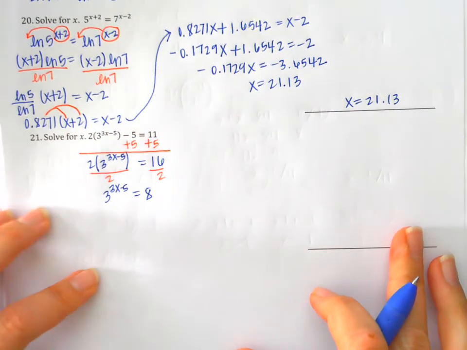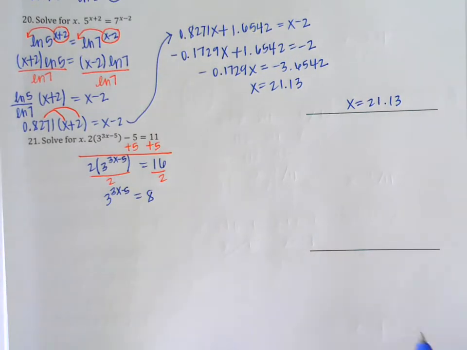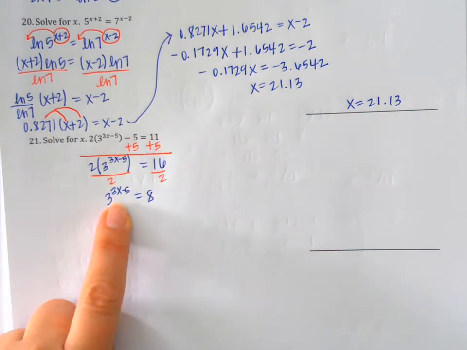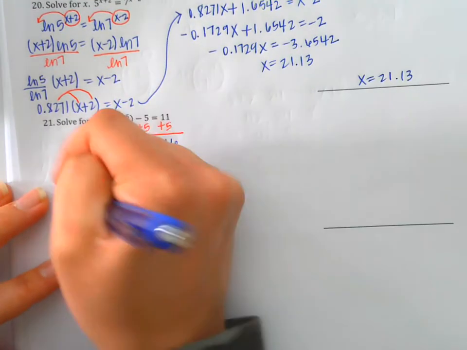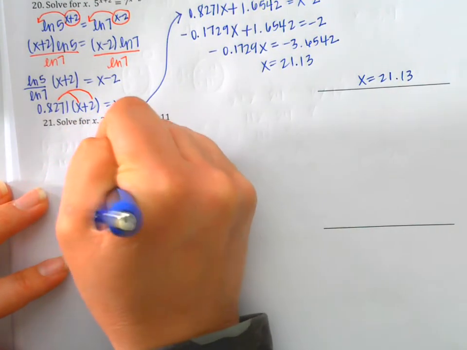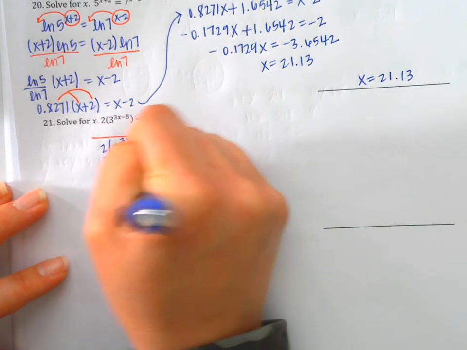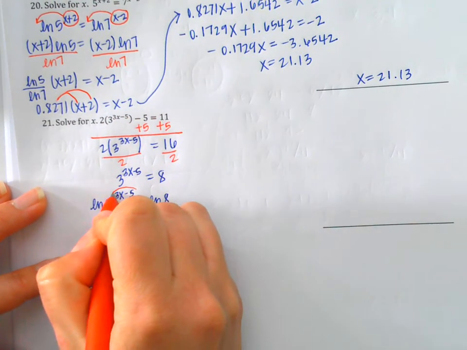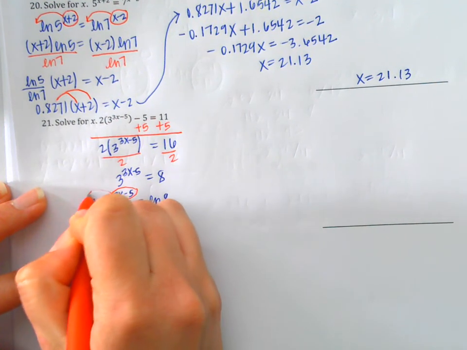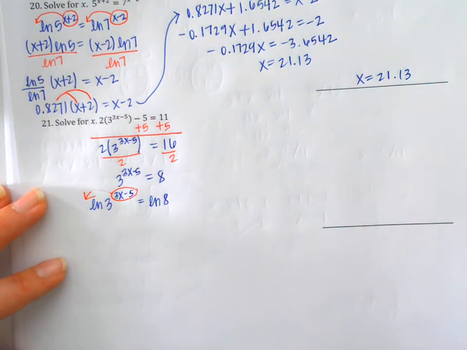And so now I'm at a problem like number 19 or kind of like 20. But what I'm going to do now, I have the exponential expression isolated. I'm going to take the ln of both sides. So ln of 3 to the 3x minus 5 equals ln of 8. I'm going to apply my power rule and move the 3x minus 5 to the front.